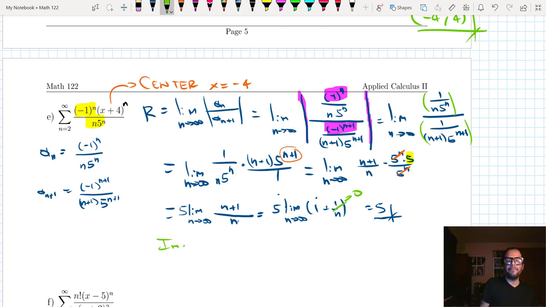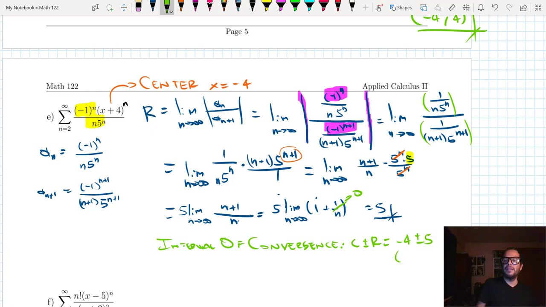Interval of convergence. And this will be center plus or minus r, that is negative 4 plus and minus 5.